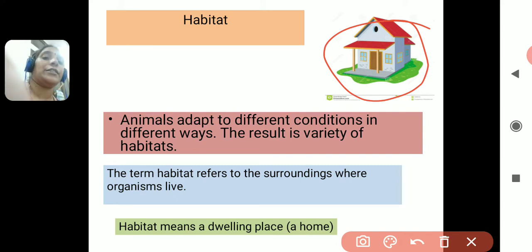In the same way, the living organisms which live in different surroundings get food, shelter, protection, partners, so many things from them. That's why they can survive there successfully. So I hope you now know the meaning of habitat.